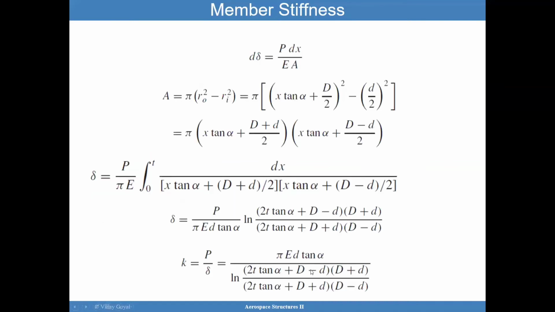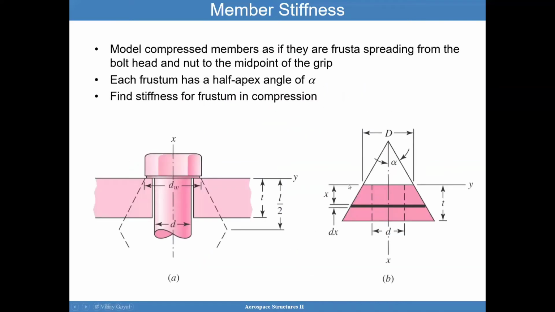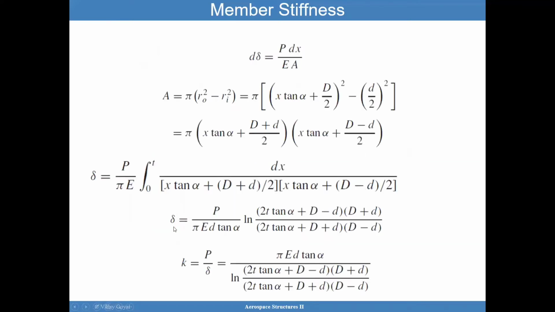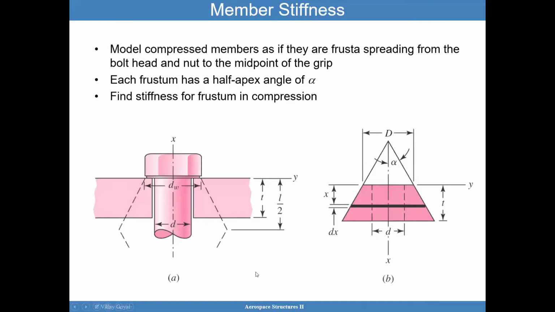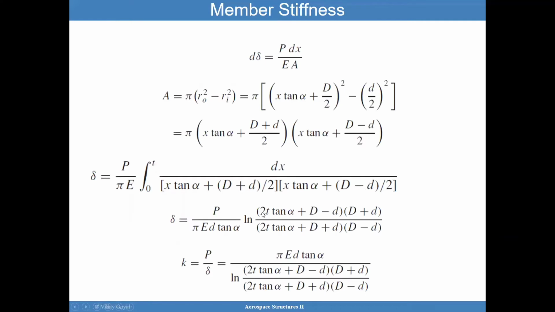You also have this large D, which tends to be about 1.5 diameters of d, 1.5d, which is one approximation people make. And then you also have the thickness t that should be considered, that's the thickness of that plate.